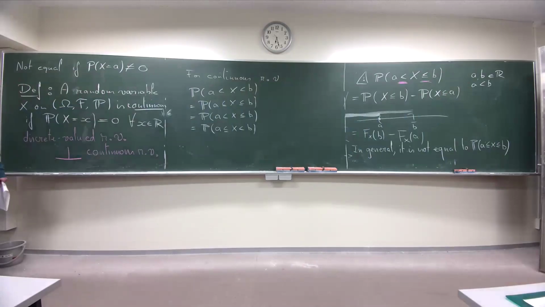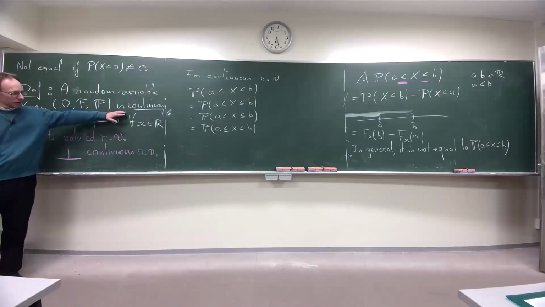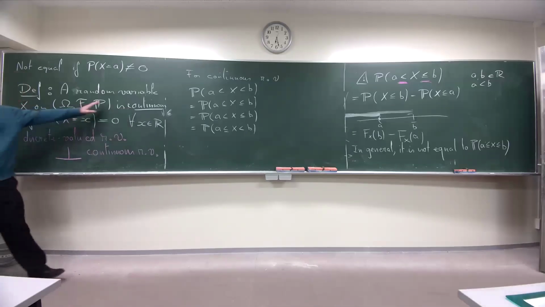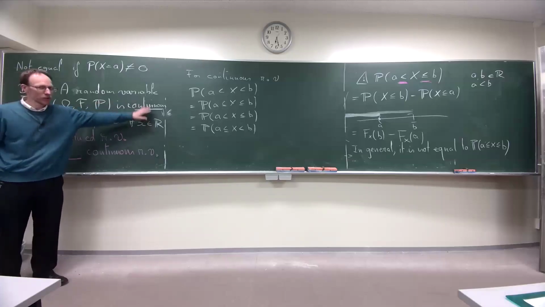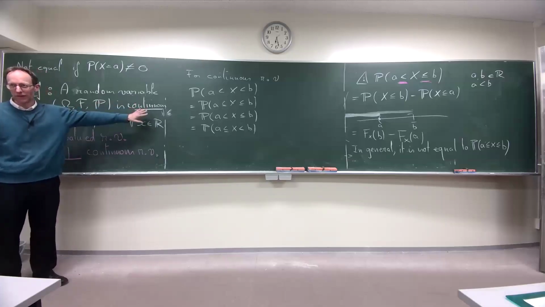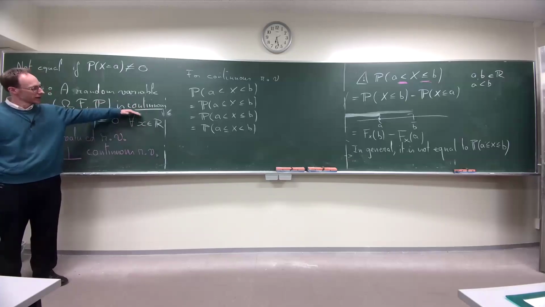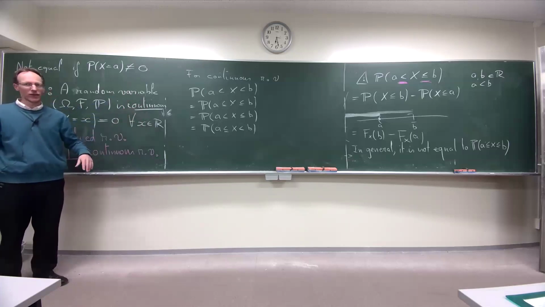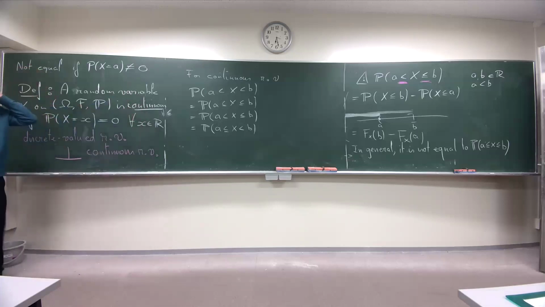Be careful because the probability of the entire set has to be 1. But yes, you have combinations of continuous and discrete valued. Continuous will be divided into two parts. We will introduce and study the absolutely continuous, and there is a second part which is singularly continuous. We will mention it because it's part of the story.